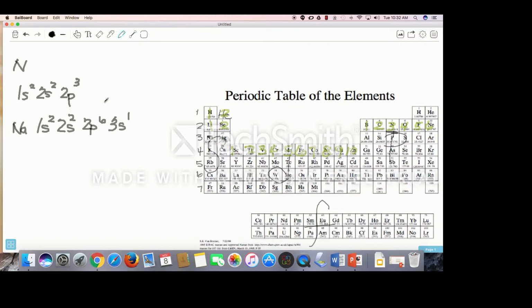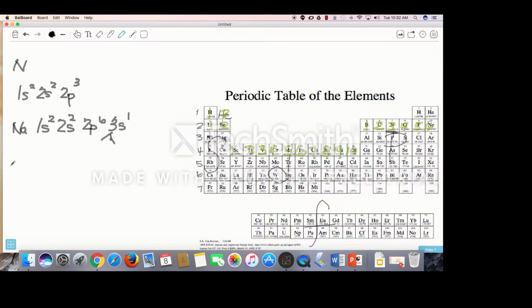So let's pay attention to a couple things. Nitrogen is in the second period. The highest principal quantum number you have here is 2. Sodium is in the third period, and the highest principal quantum number you have here is 3. Let's look at another example.